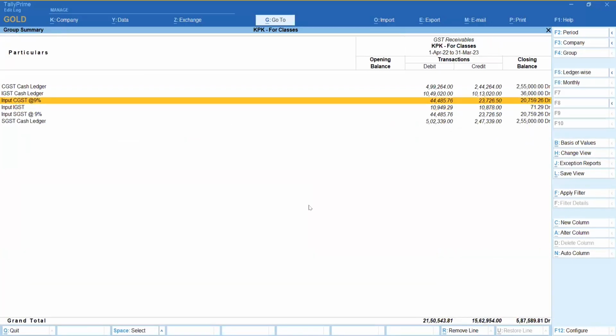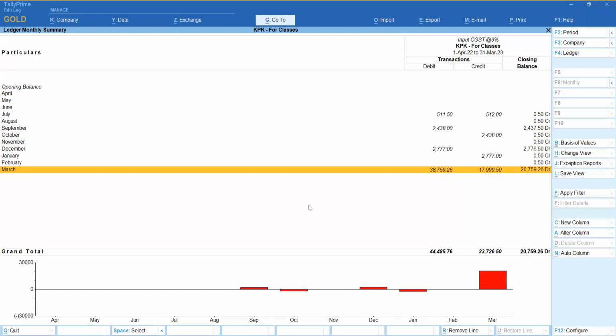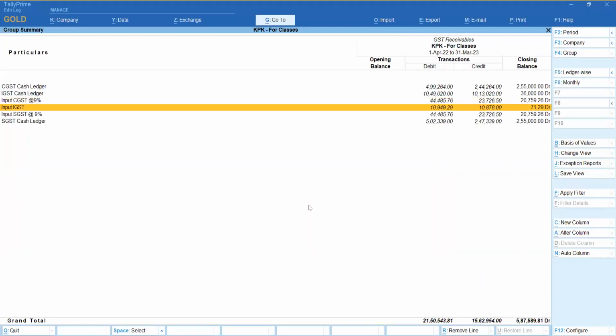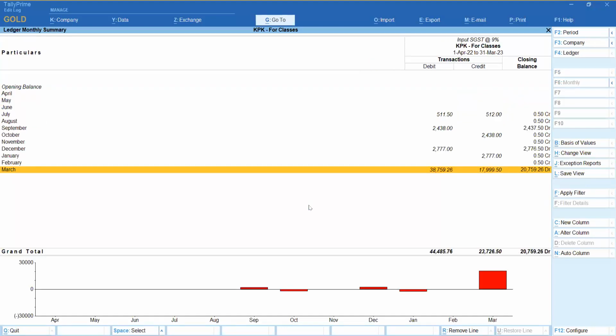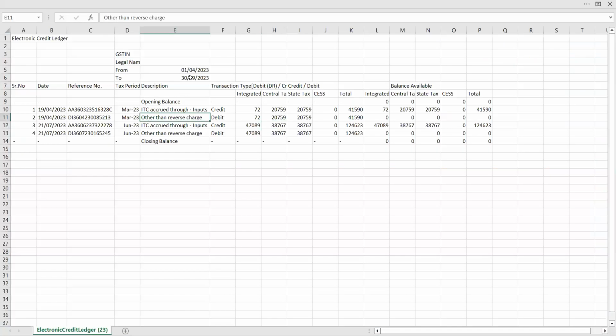You see here CGST 20,759 is there. Same way, 20,759, I have SGST also in Tally. So this will get reflected only in the April 23 ledger because the transaction date is 19th April.